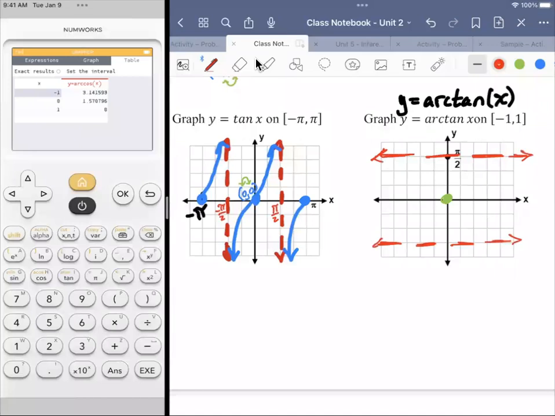All right. So this is x equals negative pi over 2, and this is x equals pi over 2. So these ones would be y equals pi over 2, y equals negative pi over 2. We have the point in the middle. I just don't have any other points, right?